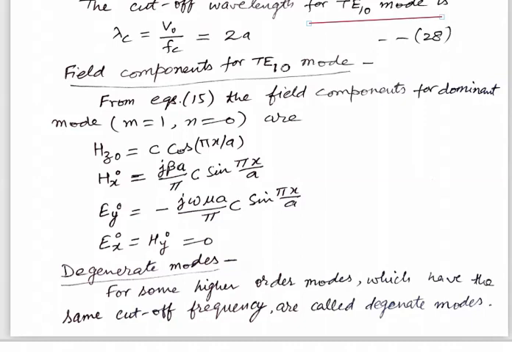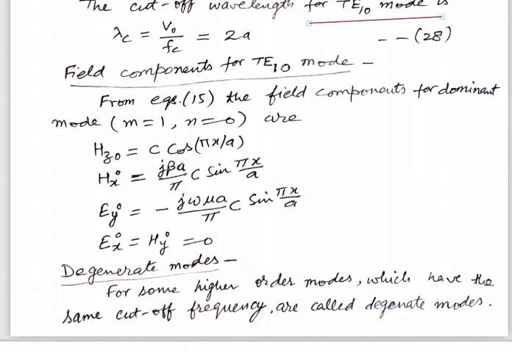However, the waveguide dimensions a and b are selected in such a way that the higher order modes are suppressed and will not support the wave propagation. So the dimensions of the waveguide are selected only for the TE10 and TM11 mode.